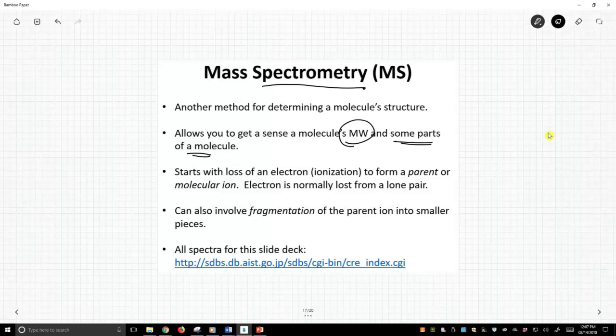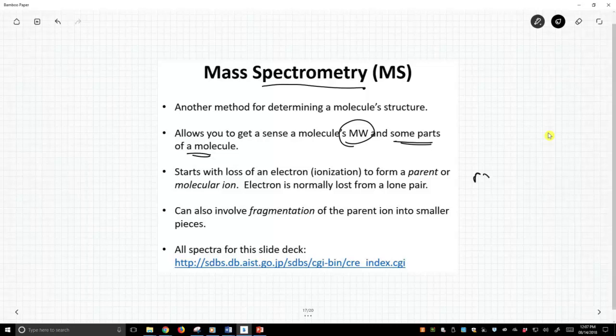We won't go through really the physics of mass spectrometry, but what happens is a molecule enters the mass spectrometer and it is ionized. It loses an electron, and typically this electron will be lost from a lone pair of electrons. So you go from having a pair of electrons to having a single electron. When that electron is lost, you form a cation, and since it has an unpaired electron, it's called a radical.